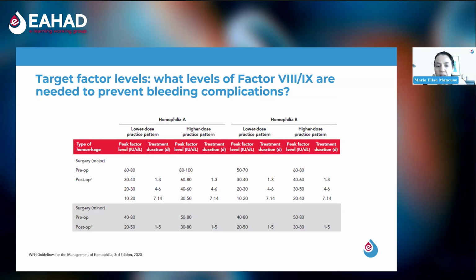So, about the levels to be maintained, we have guidelines. This table comes from the third edition of the World Federation of Hemophilia guidelines. They suggest the ideal levels to be maintained in plasma for patients with hemophilia A and hemophilia B, according to the type of procedure and according to the timing.